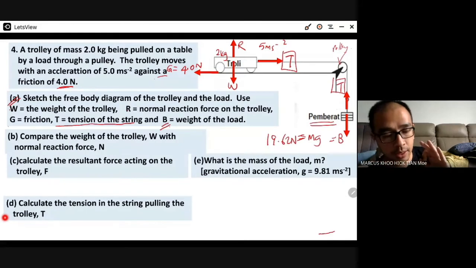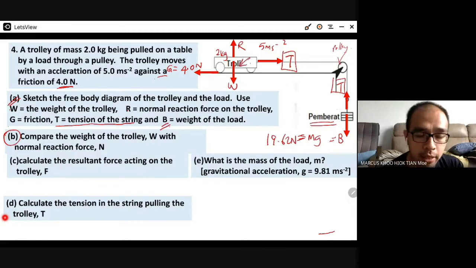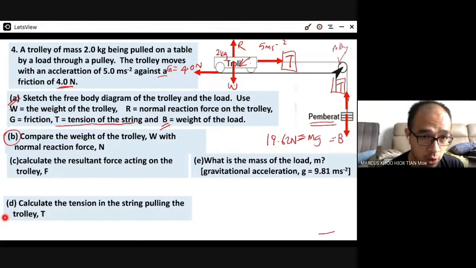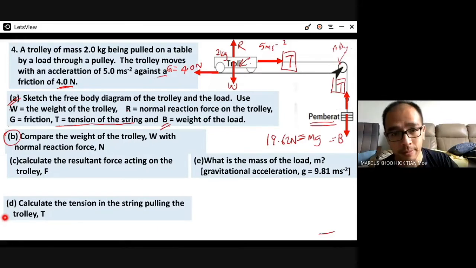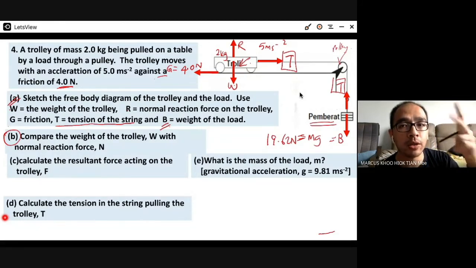So let's talk about this. First of all, compare the weight of the trolley and the normal reaction force, W and R. For any object moving on a surface, what can you tell me about the weight of the trolley and the normal reaction force? Daniel, do you remember how to compare? It's either bigger than, smaller than, or same.